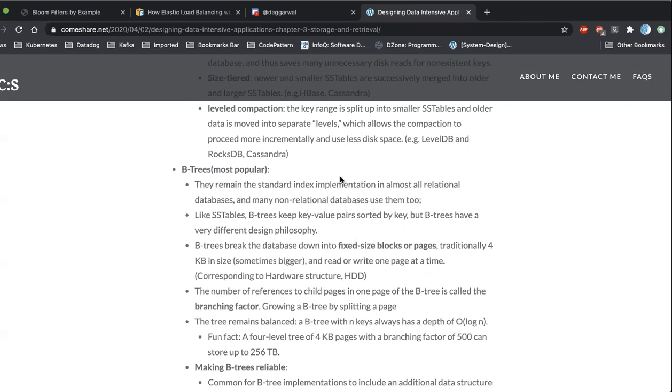But when you come to L1, L2, L3, there will be no overlap within a level, though there can be overlap between L1 and L2 or L2 and L3. There won't be any overlap between SSTable files in L1 itself.